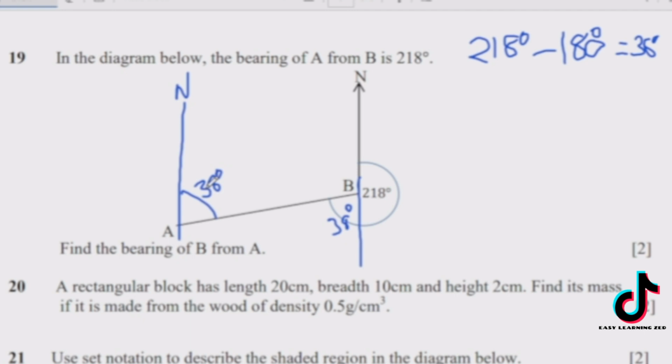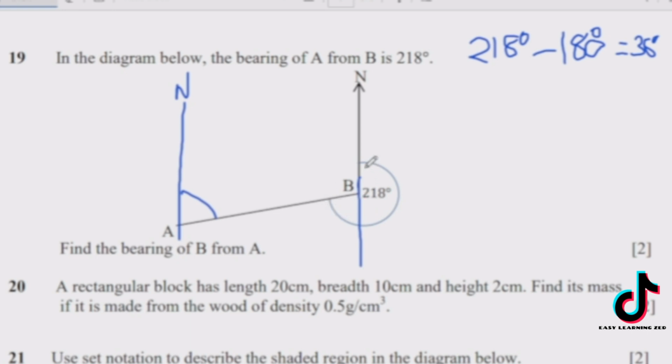The other method uses the property that angles at a point add up to 360 degrees. So if this bearing was to go around to make a full complete turn, it's going to be 360 degrees.